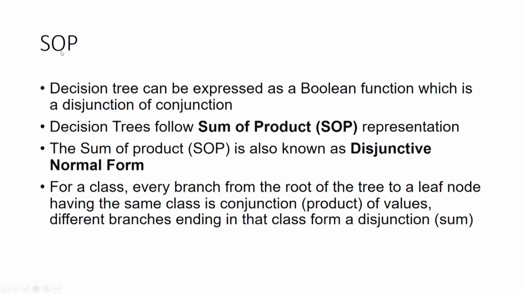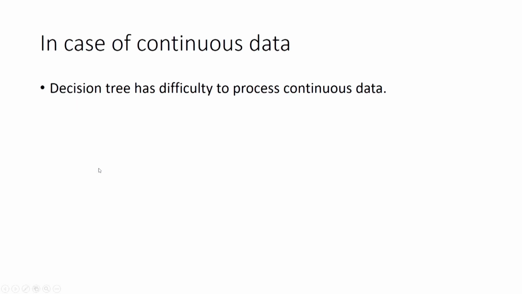And we can relate this decision tree to a sum of products. Why a sum of products? We know sum of products is known as disjunctive normal form. So, why are we saying this?